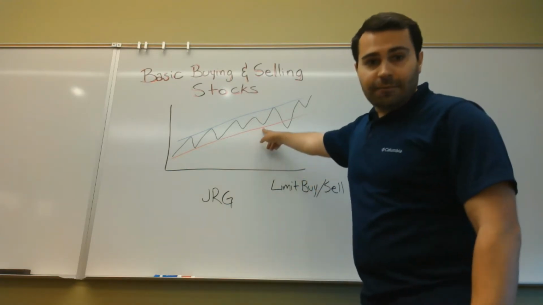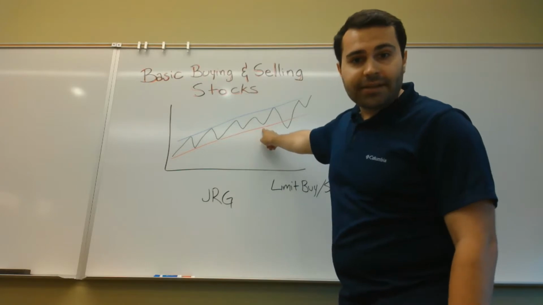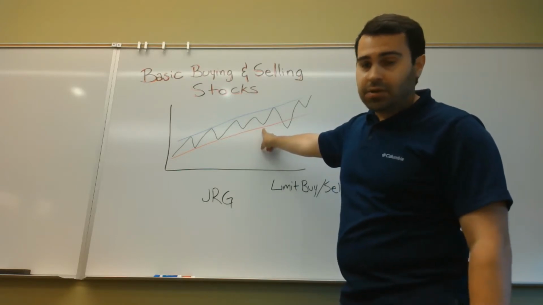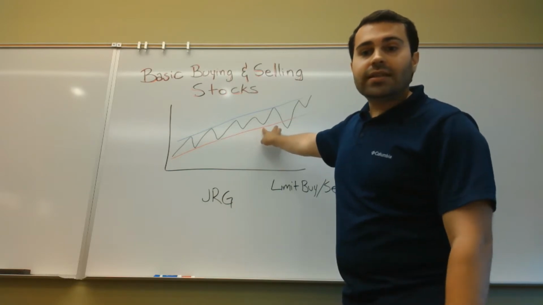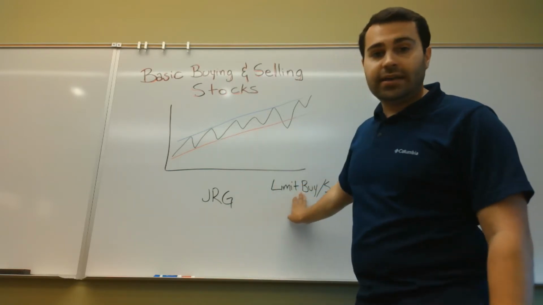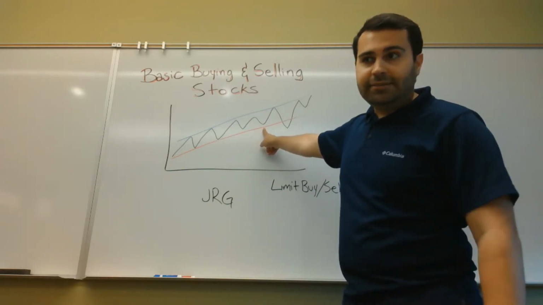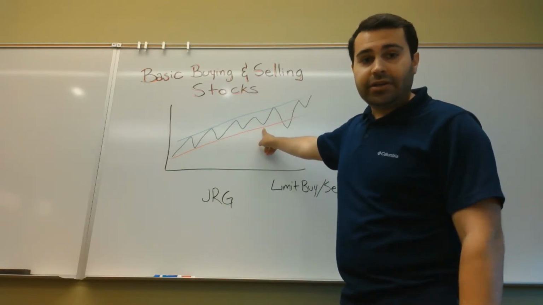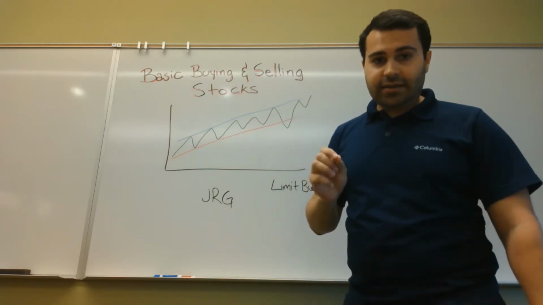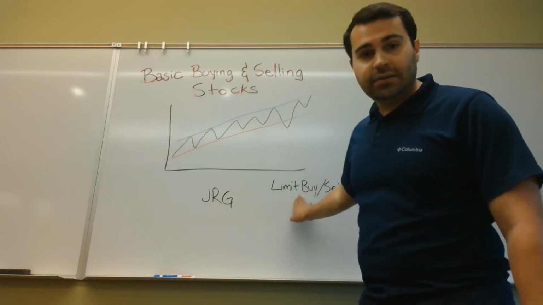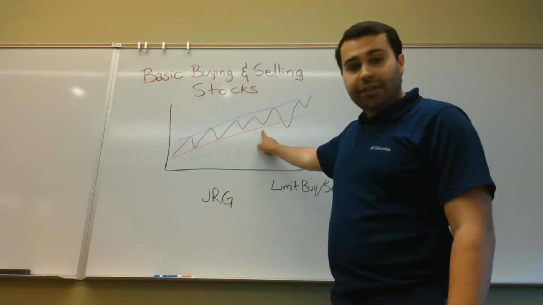I want to buy, so if it's at the bottom end, I want to buy as low as possible. I don't think it's going to go lower than $30. So let's say I set up a limit buy at $30, and I want to buy 10 stocks for $300 total. What will happen is if it hits that price, my limit purchase will take effect, and I will buy 10 stocks for $300.